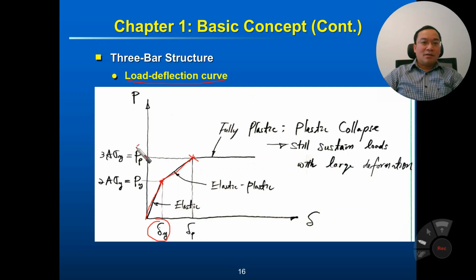So Pp, the plastic load, equals 3 times A sigma Y, and the deflection is delta P. Do you remember delta P? You can check. And this part is fully plastic, or plastic collapse load. It still sustains load with large deformation. So now we have the load deflection curve of the 3-bar structure.